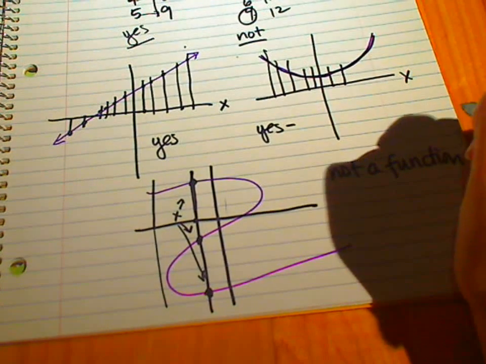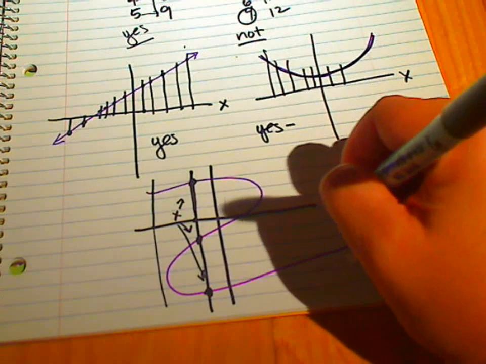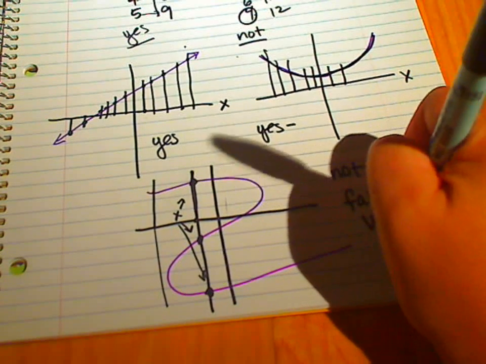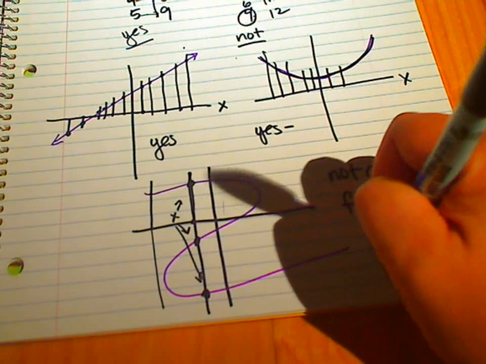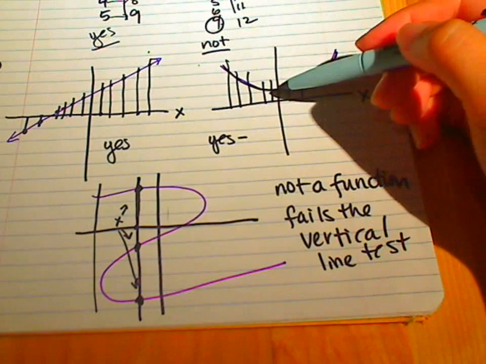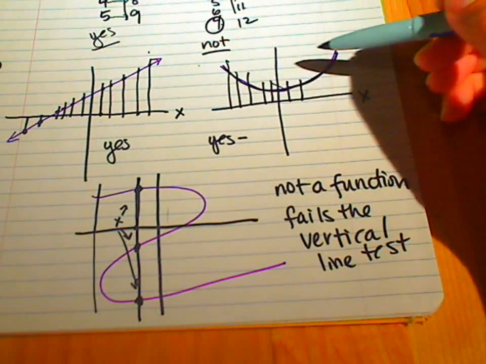And the reason being is, what they call it is the vertical line test. This fails the vertical line test. The vertical lines are the things I've been drawing up or down to make sure that they only hit the graph once.